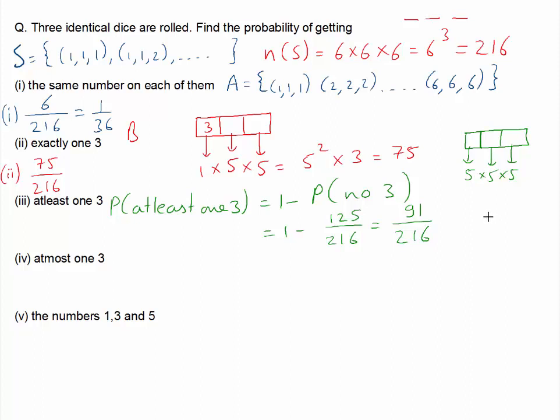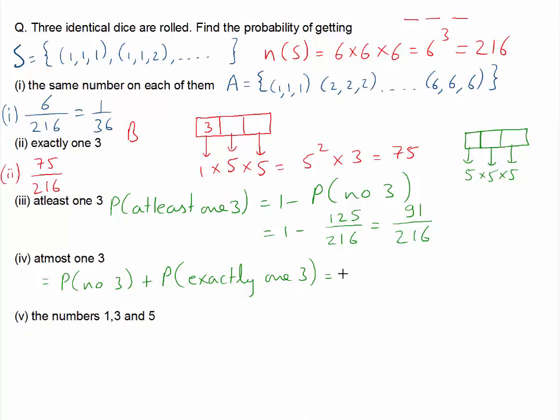So this is the answer for getting at least one 3. Now next is getting at most one 3. So at most one 3 is equal to the probability of getting no 3 plus the probability of getting exactly one 3. Now since these are mutually exclusive, we don't need to subtract P of this intersection this, because that would be 0 anyway.